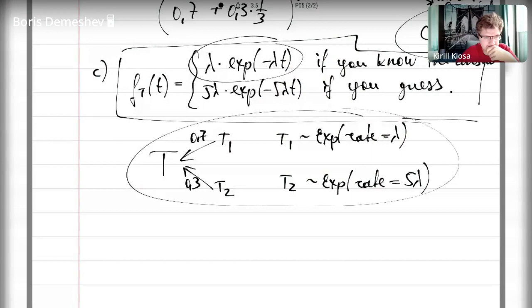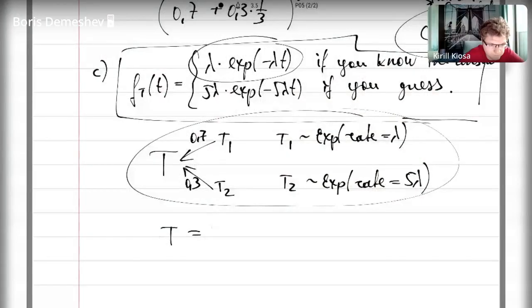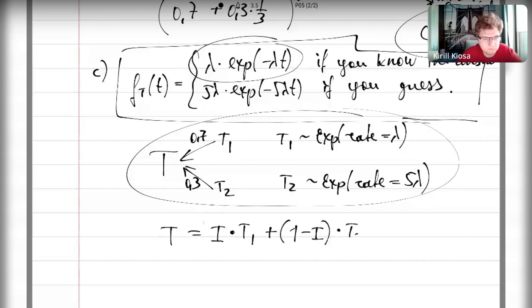Okay, how can we write it in one line? You may write it with arrows, or with a curly bracket, but we can write it in just one line. We need to introduce the random variable that is responsible for the random choice. We may write T is equal to I times T1 plus 1 minus I times T2.